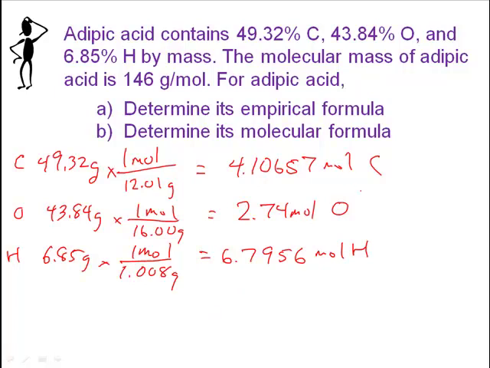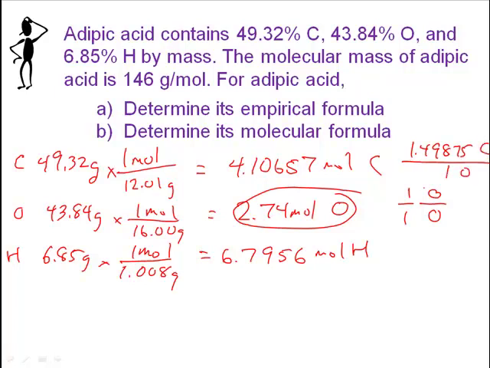Okay, the next step is to find out which one is the smallest. It looks like the oxygen is here. So oxygen to oxygen is a 1-to-1 ratio. Then we do the carbon to oxygen. 4.10657 divided by 2.74, and this equals approximately 1.49875 carbons to 1 oxygen.